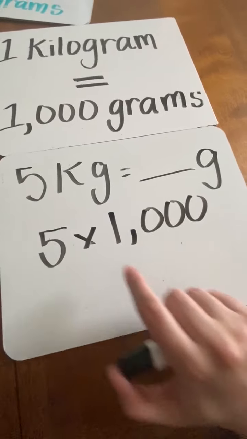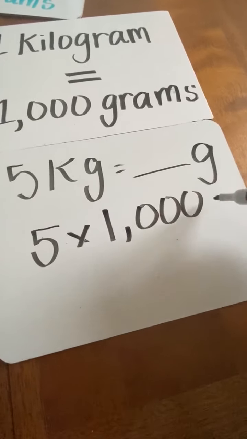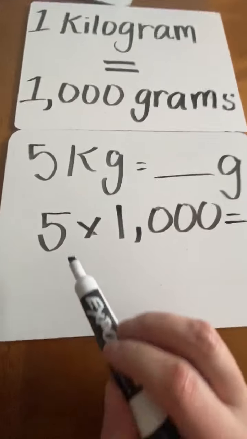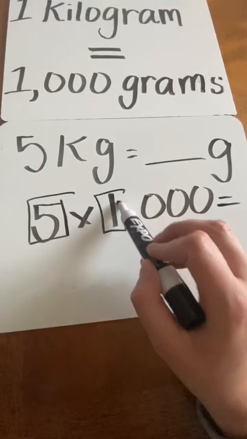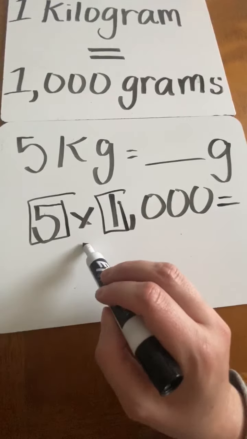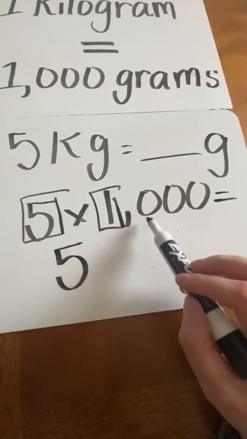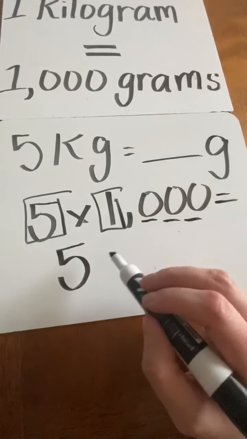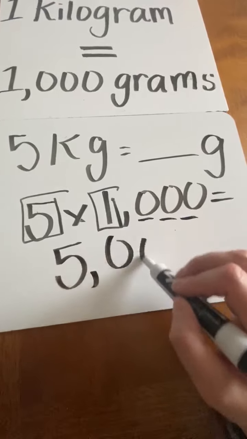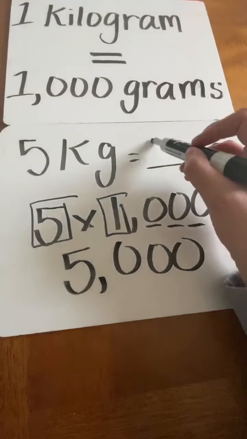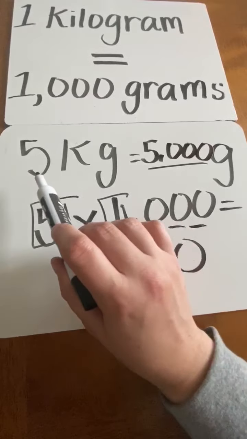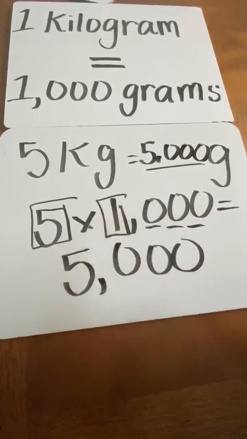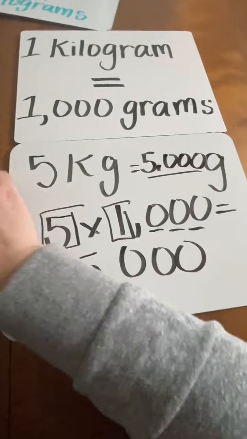And I want to figure out how many there are in 5. So I'm going to multiply 1,000 by 5. So I'm going to take my 5 and my 1. 5 times 1 is 5. And I have 1, 2, 3 zeros. So I'm going to add 1, 2, 3 zeros. So my answer would be 5,000. That 5 kilograms is equal to 5,000 grams.